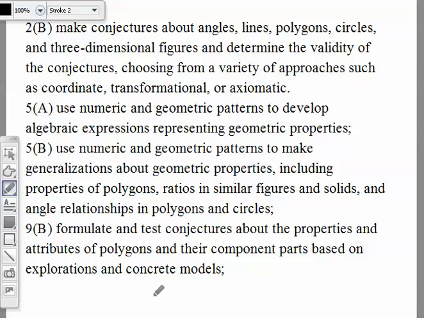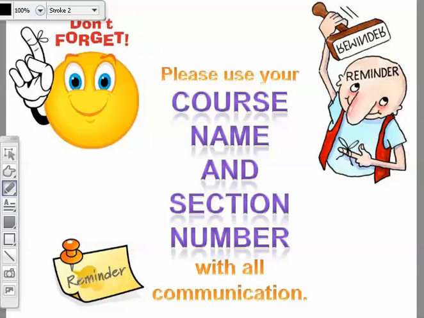Those are using numeric and geometric patterns and ratios, and we're looking at relationships in polygons and circles and formulating testing concepts based upon the polygons and their component parts. So we're doing the things that we need to be doing as according to the TEKS, and we're making our progress through this course. Hopefully you're seeing how it relates to some of your algebra stuff that you were doing and some of the things that you did in previous year's work.